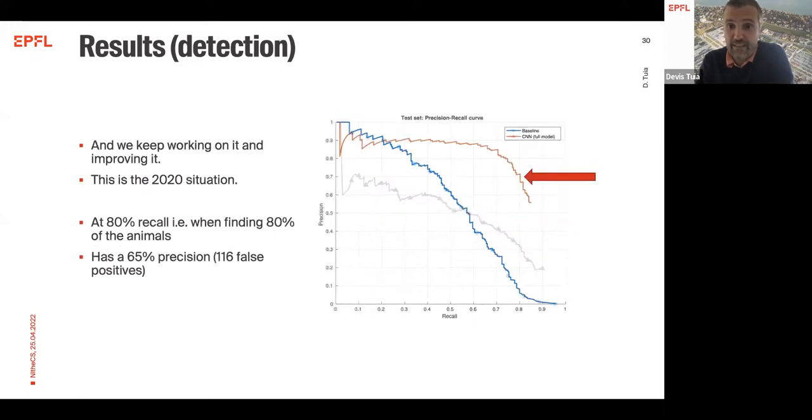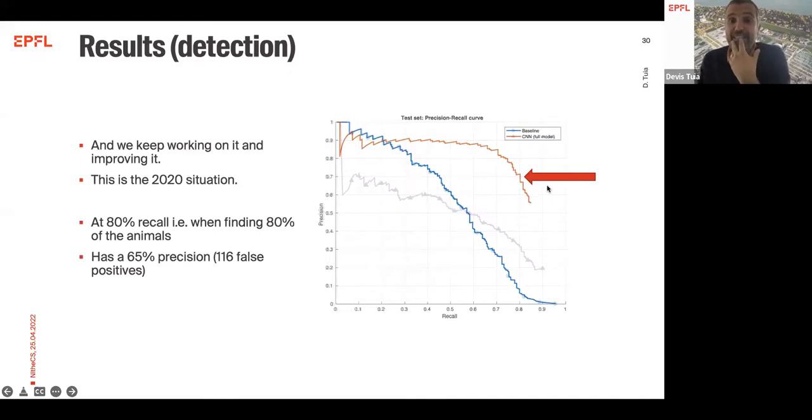Now, the good thing is that by continuing working on it, we are now more or less closer to something like that, which means that we are making very few misdetections but we still have to sacrifice a little bit of our recall. So we're not finding 90% of the animals anymore, but 85.